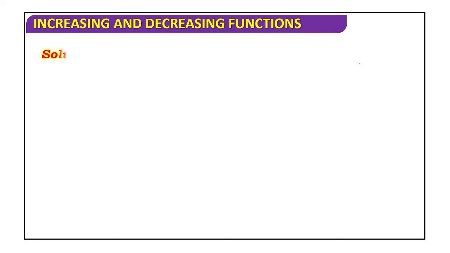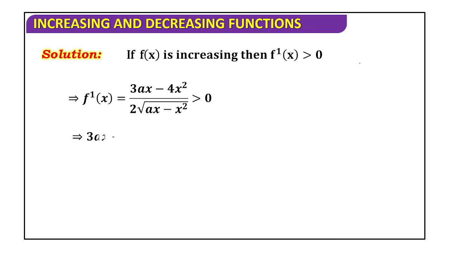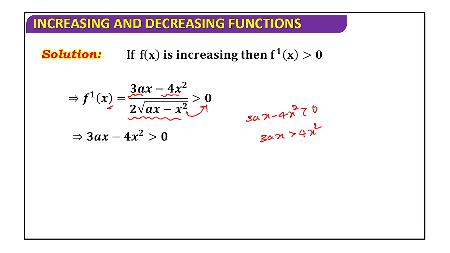If I differentiate it, you are going to get the differentiation term as 3ax minus 4x square divided by 2 times root of ax minus x square. Multiply this term by 0, therefore it will be 3ax minus 4x square greater than 0. Therefore 3ax greater than 4x square.